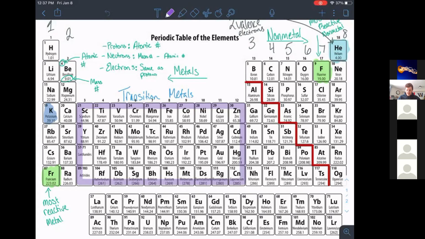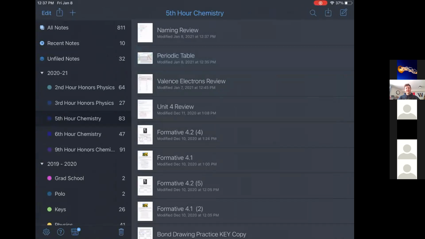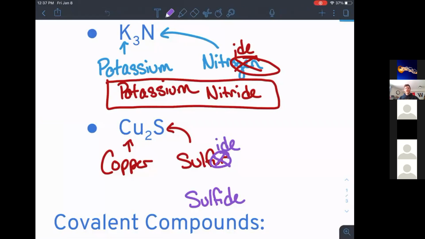Well, copper, we can't figure out copper's valence electrons like we do normally. So we have to check our ion sheet, or when we're writing this in formula form. But for this case, we don't have to worry about our ion sheet. We just have to figure out what the charge of each of our elements is.